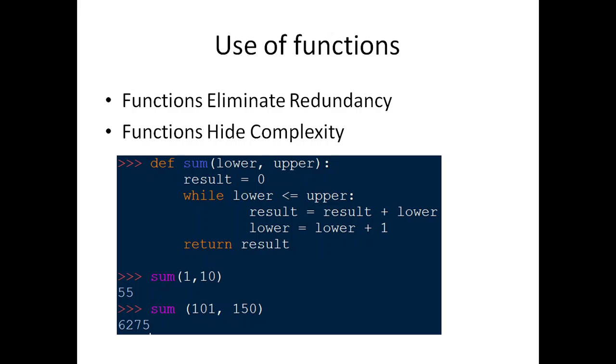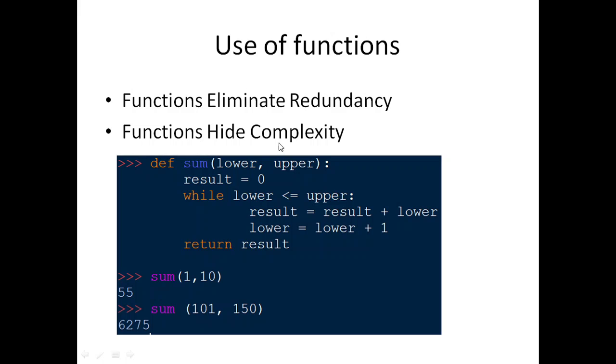But if you are using this function, you can simply substitute this single line: sum of 1 comma 10, or 1 comma 50, or sum of 100 comma 150. Like that you can substitute. So it eliminates the redundancy or repetition of this code. We need not rewrite the code again and again.